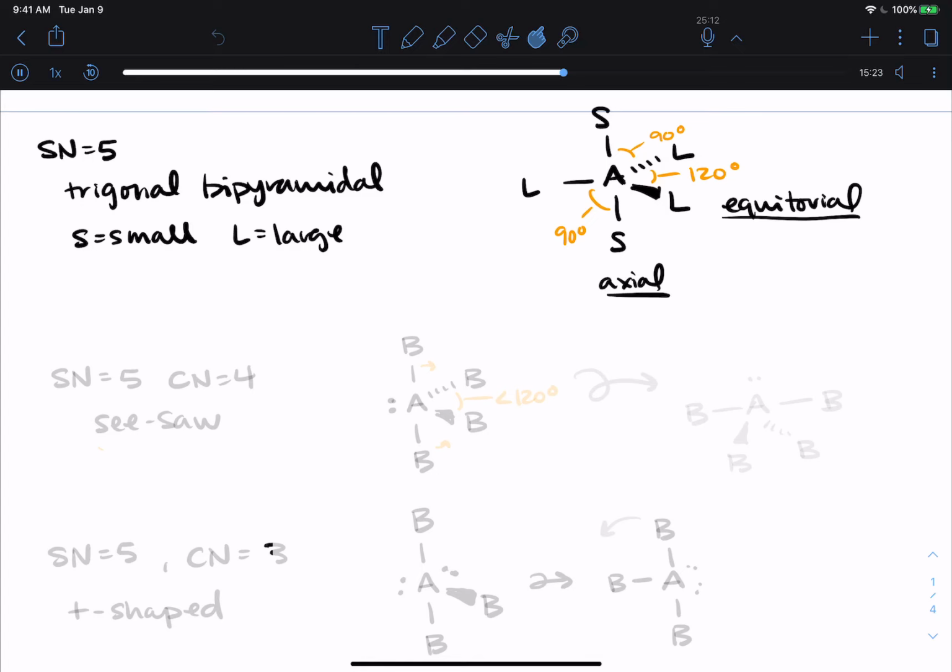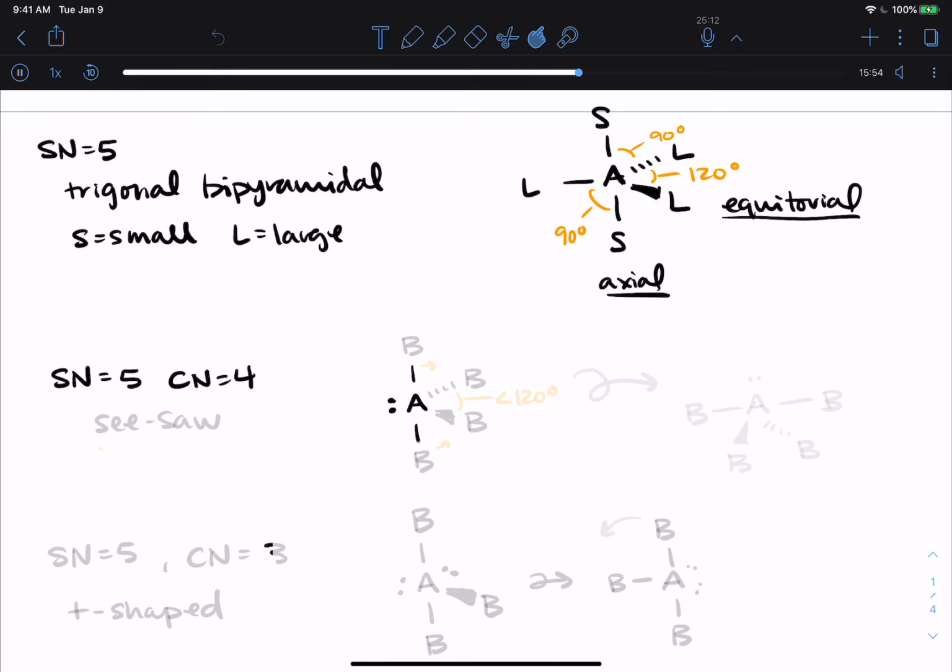Okay, so that's steric number 5, trigonal bipyramidal. If I replace one of those atoms with a lone pair, so steric number 5, coordination number 4, the lone pair is considered large. It has to go in an equatorial position. So in my generic atom, put my lone pair here in this equatorial position.